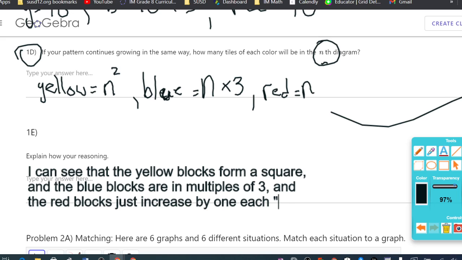Yeah, for each n. I'll put it that way, for each n. There we go. Okay, I can see the yellow blocks form a square, and the blue blocks are in multiples of 3, and the red blocks just increase by 1 each n.